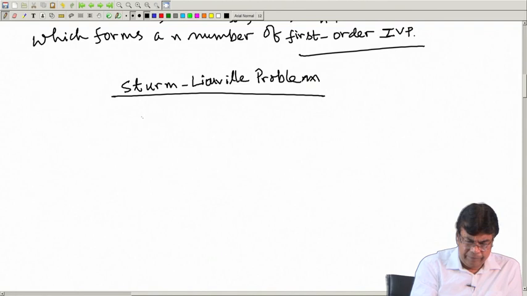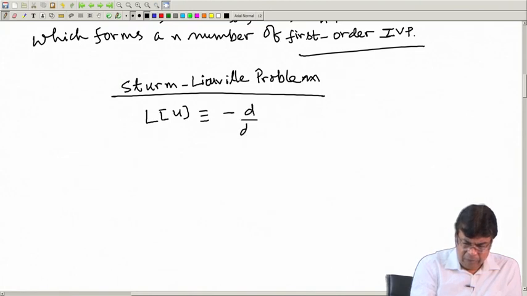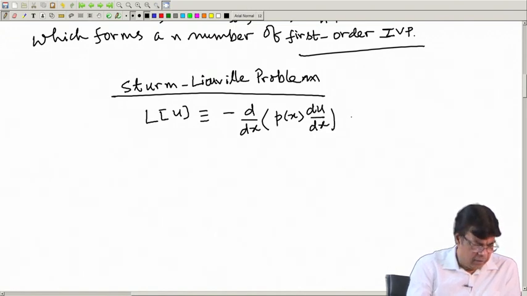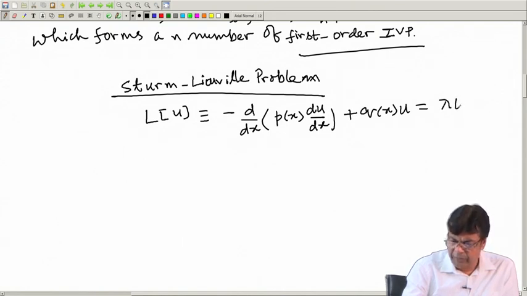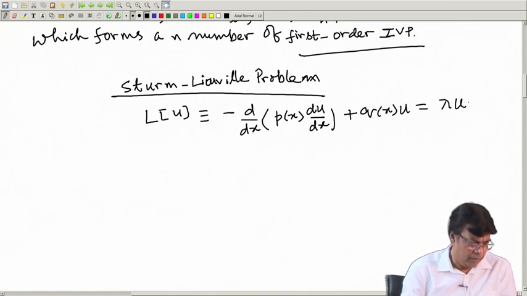So, we define an operator L u in this manner: minus d/dx of p(x) du/dx plus q(x) u, equal to lambda, a constant, times u.